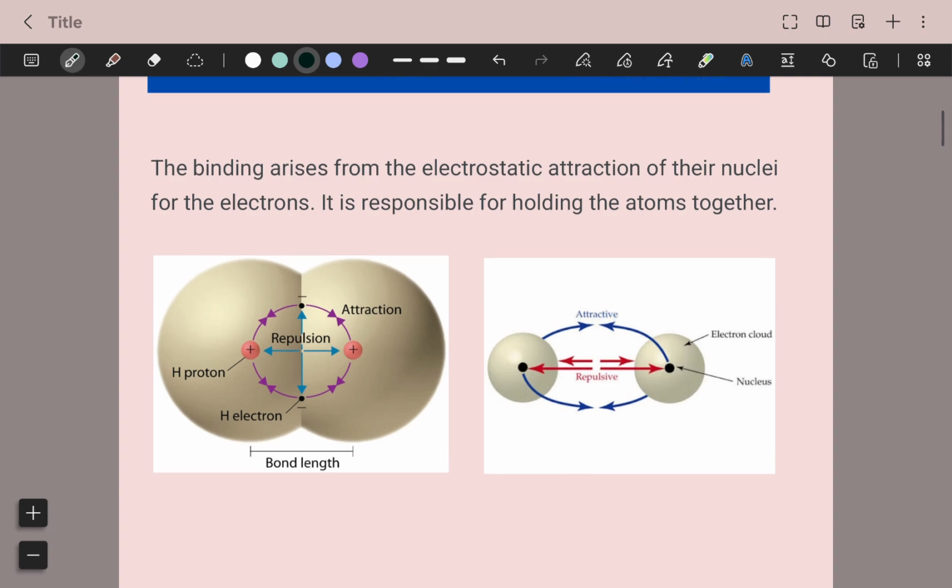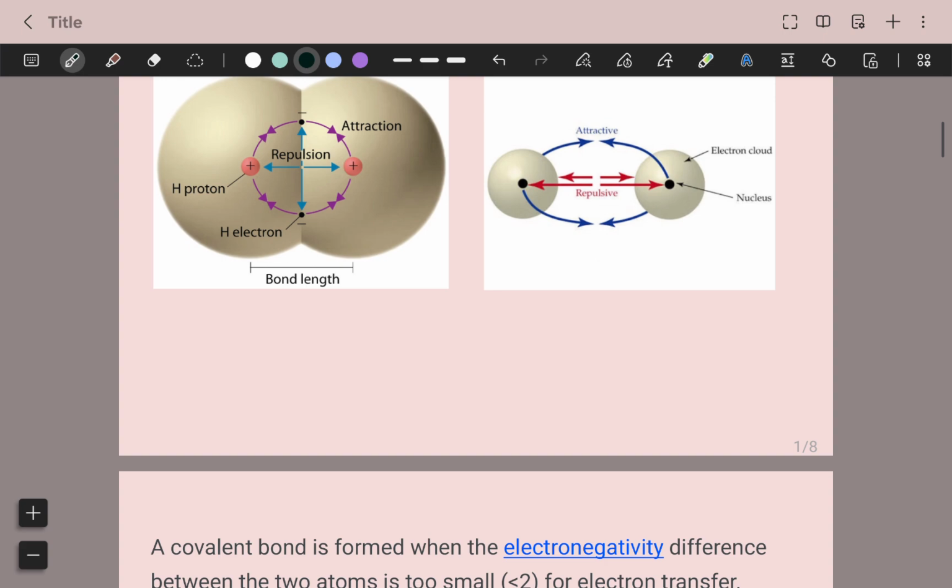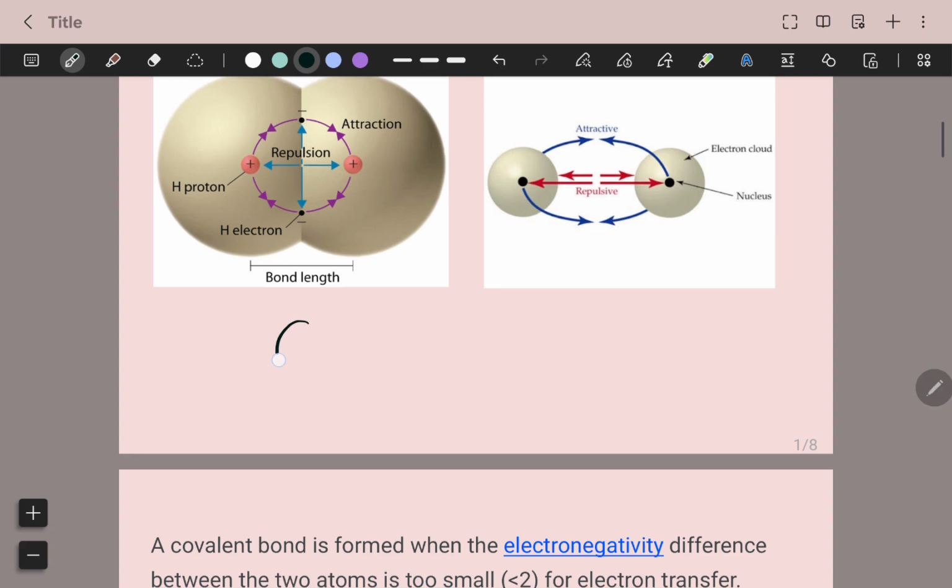Now, how does this binding arise? Because of the electrostatic attraction of the nuclei for the electrons. See, two hydrogen atoms are there. This is the electron cloud, and in the center there is the nucleus, of one hydrogen atom, and this is the second hydrogen atom.